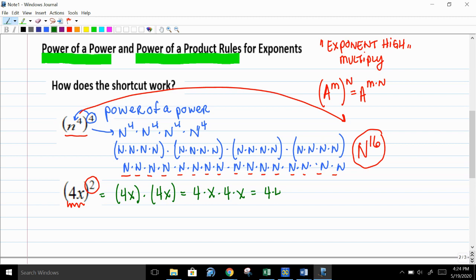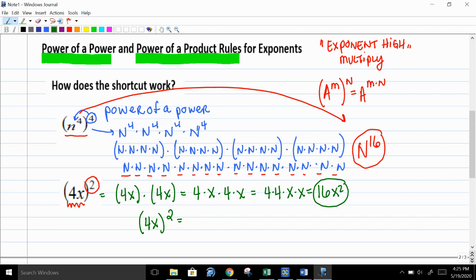Okay, we can group those. I can put the 4 and the 4 in the front, and then the x and the x. The 4 times 4 would give me a 16. The x times the x would give me an x squared. So my answer there would be 16x squared. Well, I can skip all that middle ground, and instead, okay, when we've worked with parentheses in the past, typically when you see a number on the outside, what do you do? You distribute.